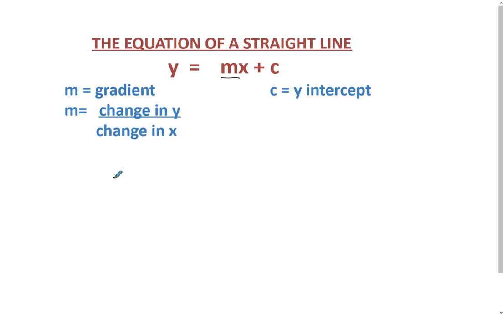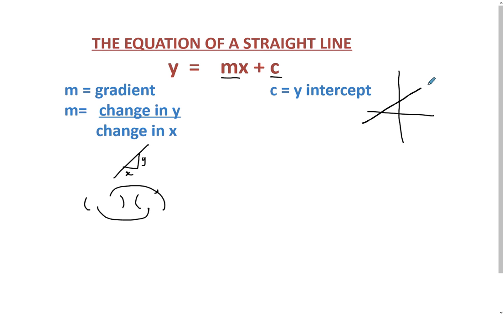So if you have a straight line, you just draw your triangle and see what your change in y is divided by your change in x, or if you have two coordinates, you do the change in y divided by the change in x. We've been through that here. And the c is your y-intercept, so where the line actually crosses the y-axis. Let's get on to the questions now.